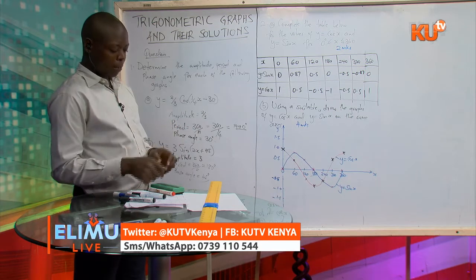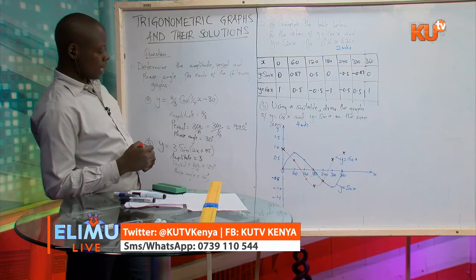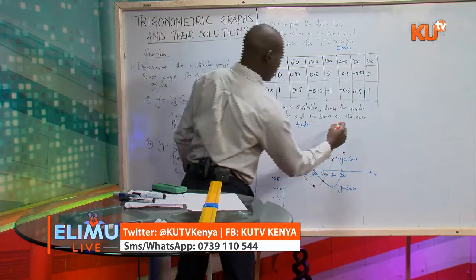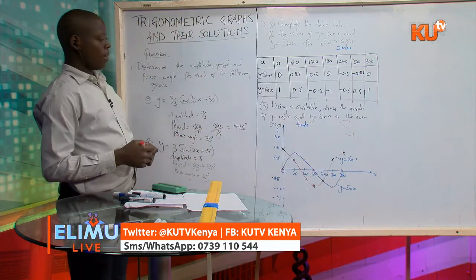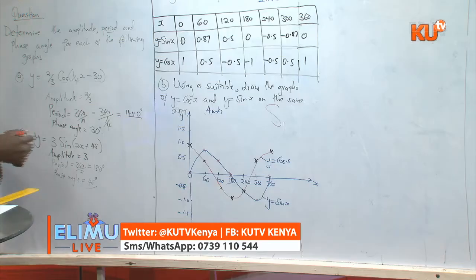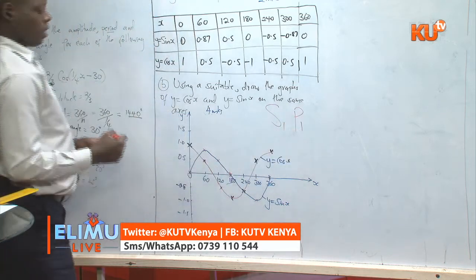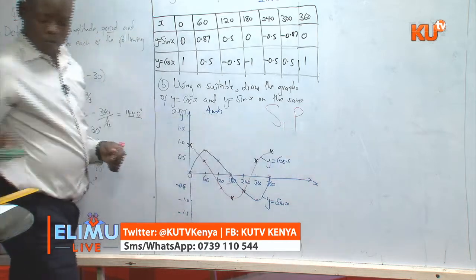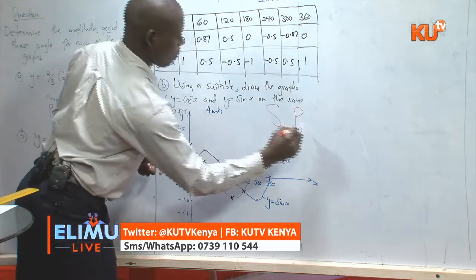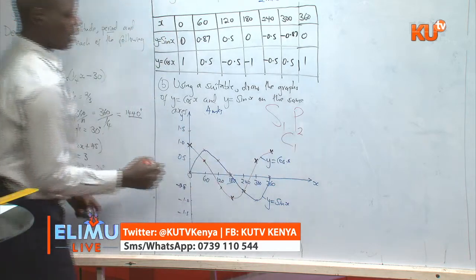And so how will the marks be distributed in this case? Remember, you are told to use your suitable scale. So you'll have 1 mark for the scale, and then for plotting, you'll have 1 mark or 2 because we have 2 graphs, and for the curve, you'll have 1 mark.